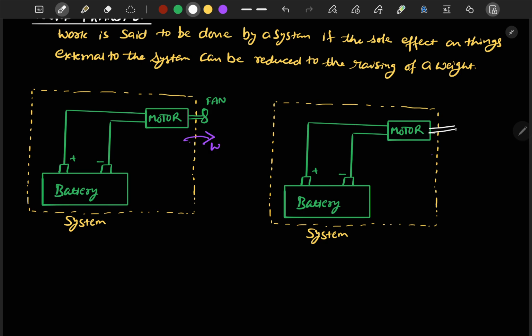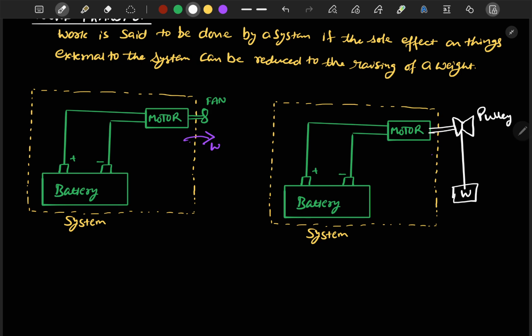Let's say that here I will add a pulley. Okay, so let's say this is a pulley, and a weight is hanging from the pulley. Let's say W is the weight of this block.